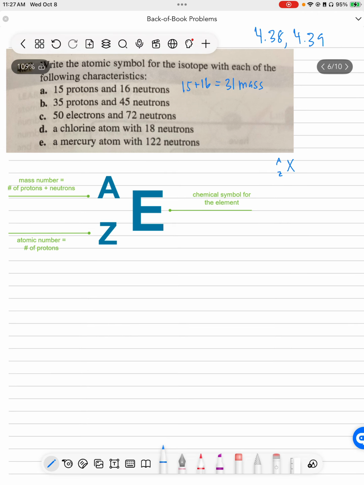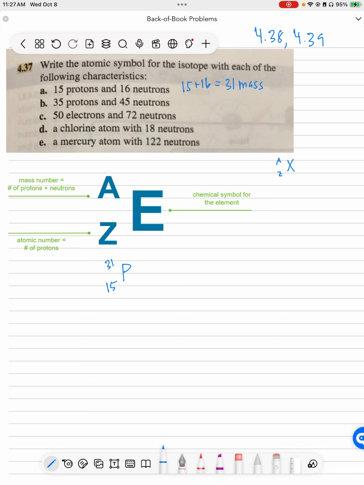So the way that we would write the isotope of phosphorus that has a mass of 31 is we would write its symbol, which is P. And we're going to write the atomic number or number of protons on the top left-hand side. I'm sorry, I said that wrong. Bottom left-hand side. And its mass number, which is the protons plus neutrons, in the top left side.